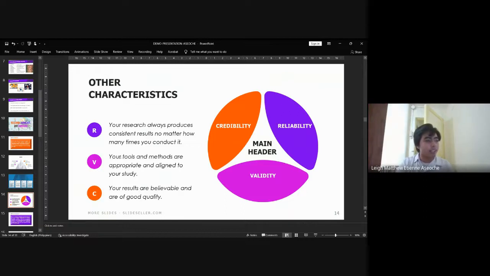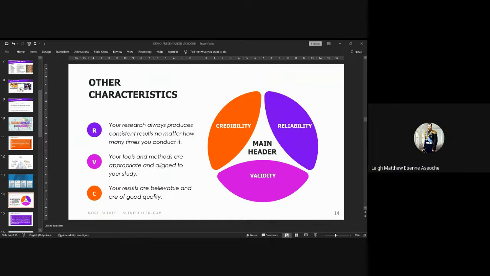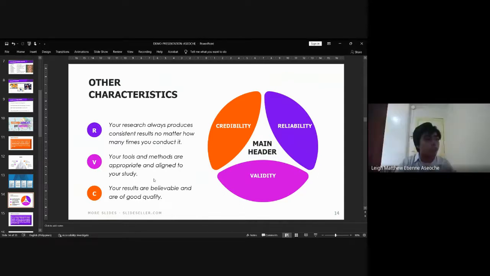Next is validity. When you say validity, it means that your tools or your methods are appropriate or aligned. So if you're going to survey teachers, don't use a questionnaire for students.